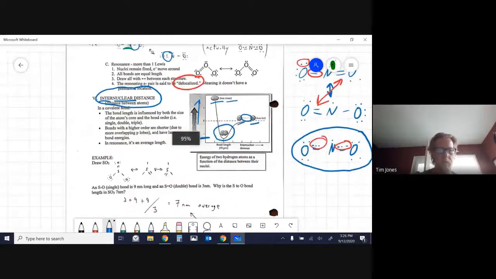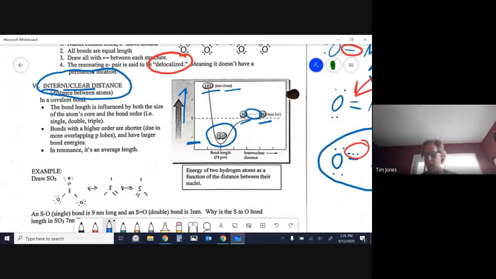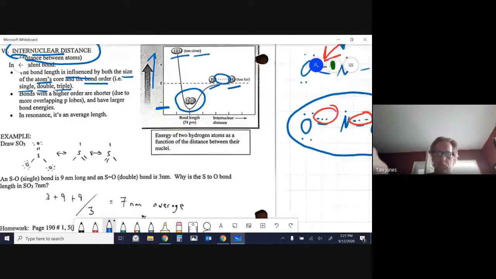You'll notice I mentioned bond length, otherwise known as the distance between two atoms, will be influenced by both the size of the atom and what's called bond order, or whether it's a single, double, or triple bond. If you have a double or triple bond, the atoms have to get a little bit closer than normal to share extra electrons. And so you'll find some examples here.